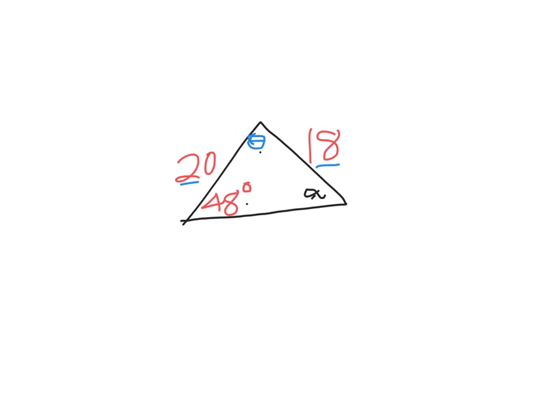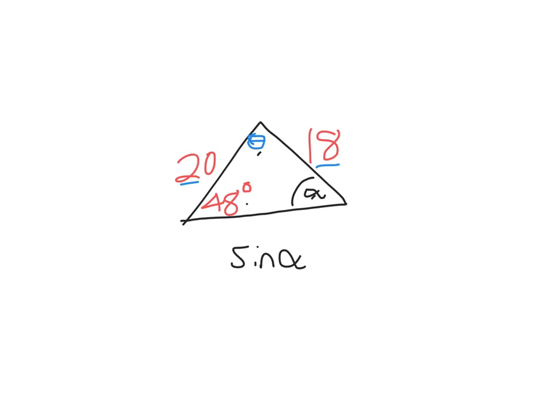So my first task is to find this angle here. I can find this angle because I know its opposite side, and I have another pair of a side and its angle. So I can use the sine rule here. The cosine rule wouldn't work, because to use the cosine rule to find an angle, you need to know all three sides, which I don't. So let's use the sine rule.